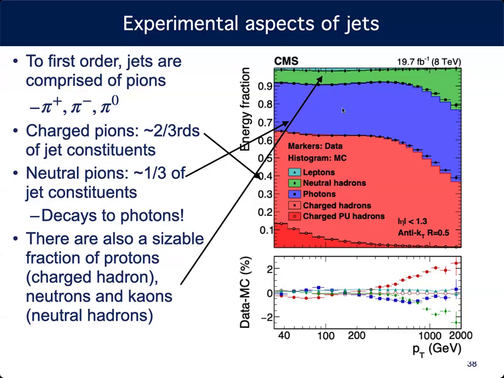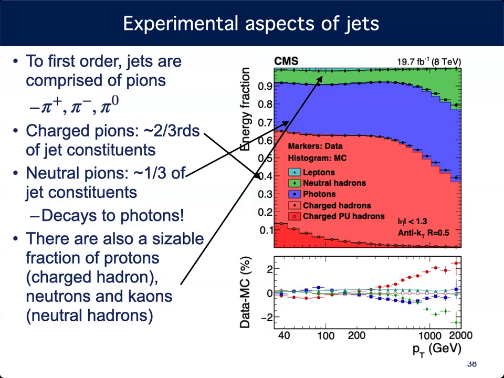If you're being astute here, you may ask, what's happening here? Is this real? Does physics really do this? No, it's not. It should be flat, but this is a reconstruction effect. As your energy increases, you have a curved track that becomes straighter and straighter.